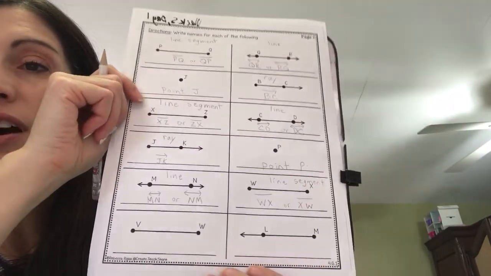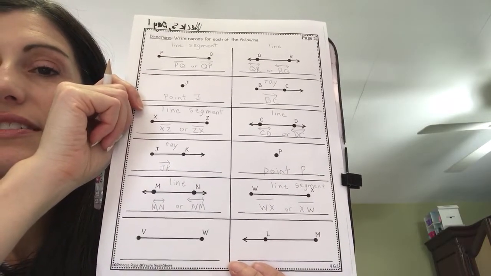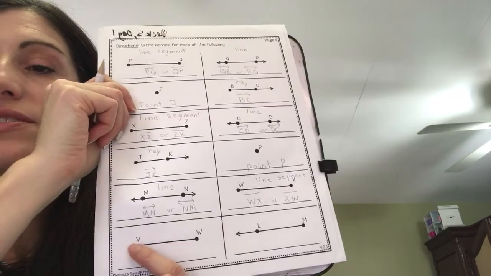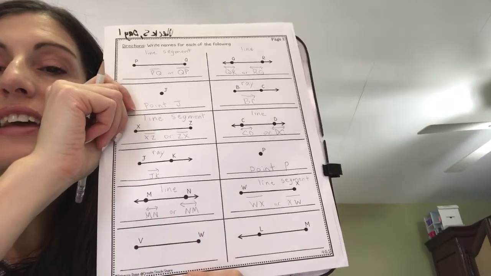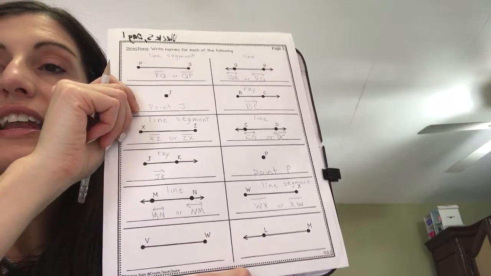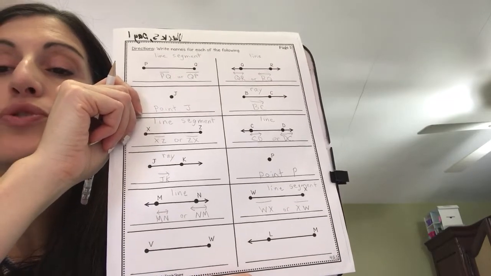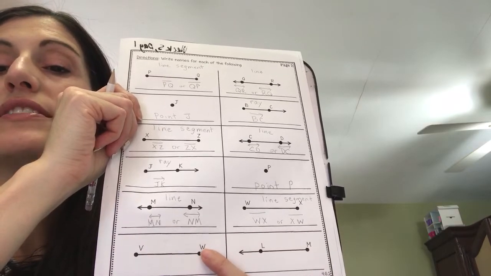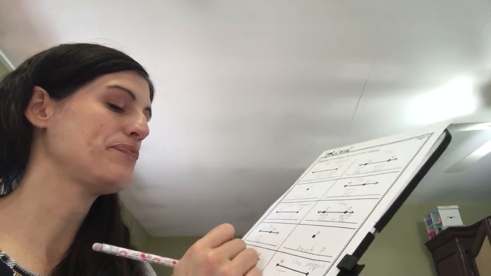Okay, and we're almost done. We have just 2 more left. What do we call one with no arrows? A line segment. Good. And how could you name it? 2 ways, right? VW or WV. Good job. So that one is a line segment.